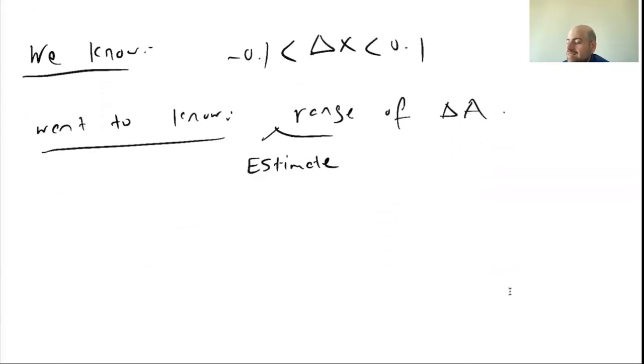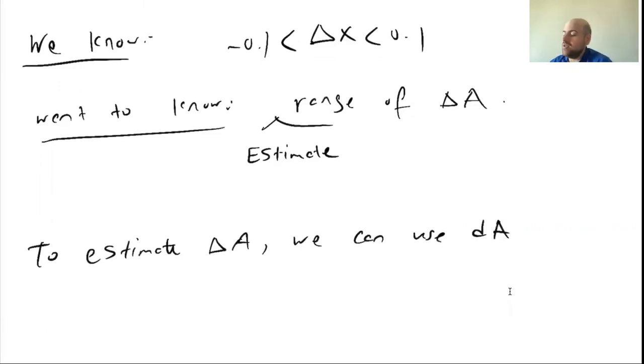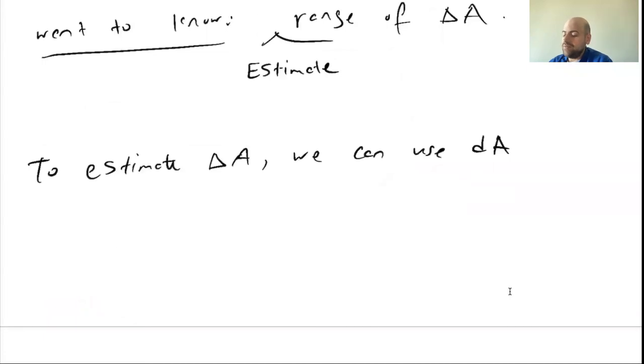So how can we estimate delta A? To estimate delta A, we can use dA, the differential, because we said that dy provides an approximation for delta y. Now what is dA?